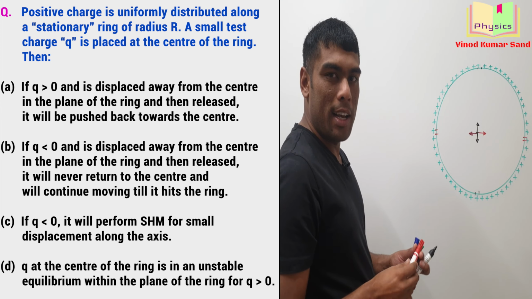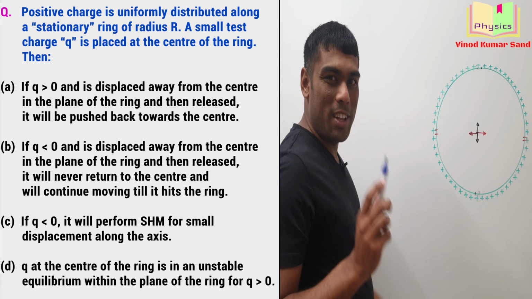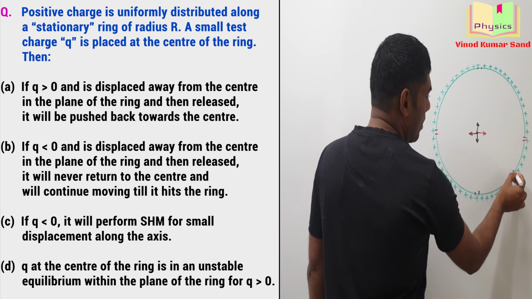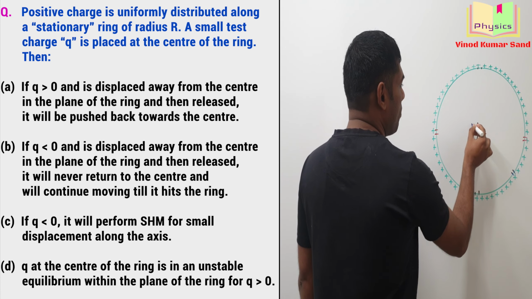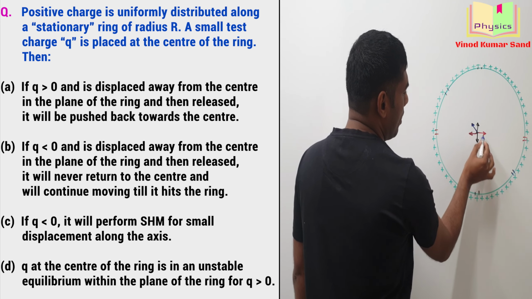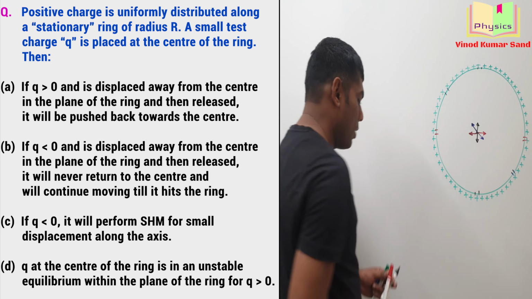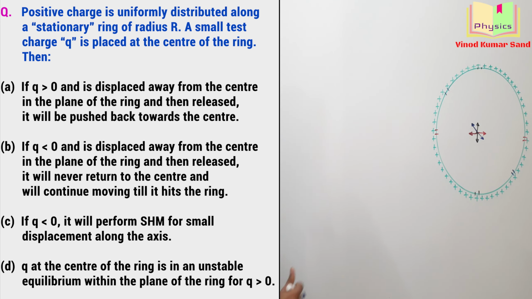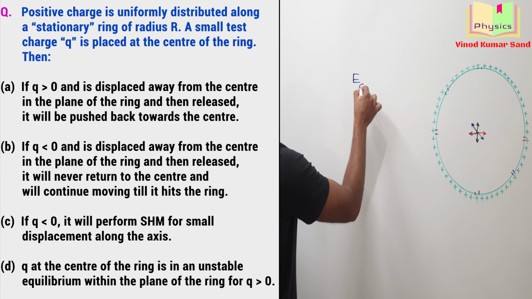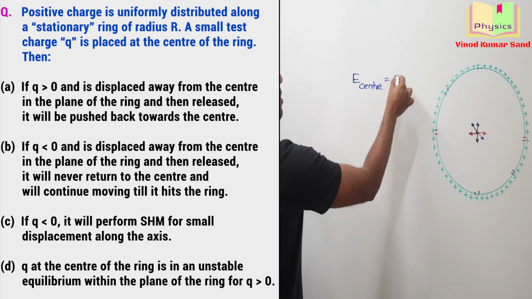I hope you can guess the field at the center of the ring will be 0. If we consider some element here, due to that the field will be like this. If we consider the diametrically opposite element, the field will be like this. All these fields will get nullified, will get cancelled. So we can write the electric field at the center of the ring is 0.